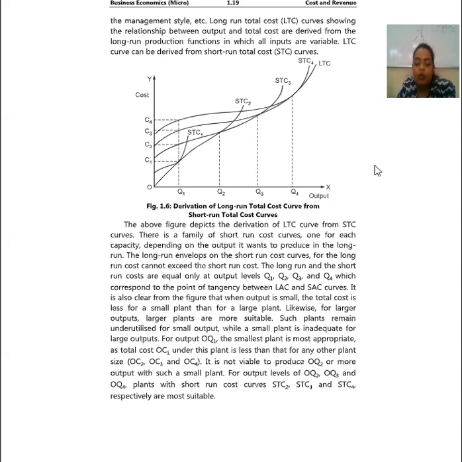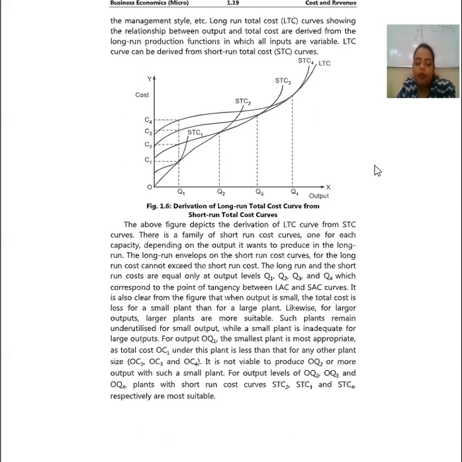For output OQ1, the smallest plant is the most appropriate as the total cost, OC1, under this plant is less than that for any other plant size. It is not feasible to produce OQ2 or more output with such a small plant.